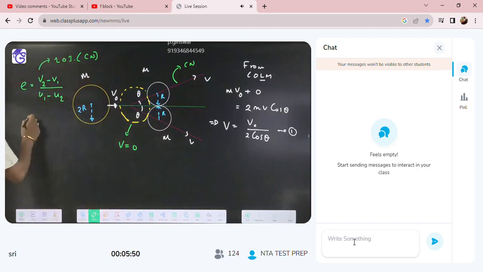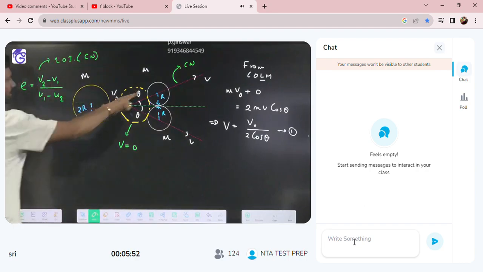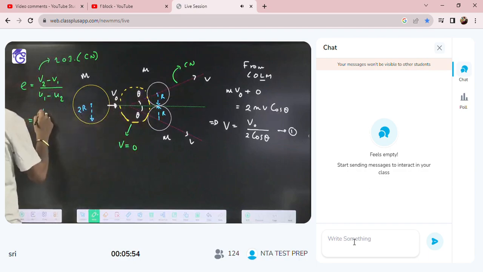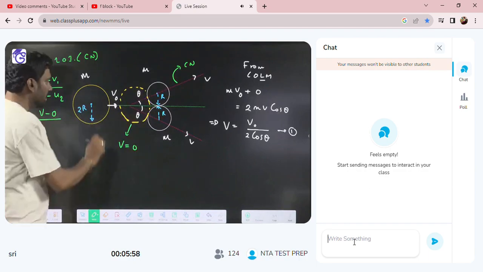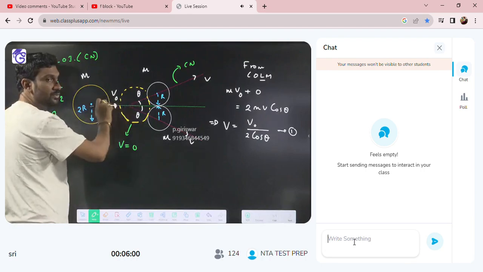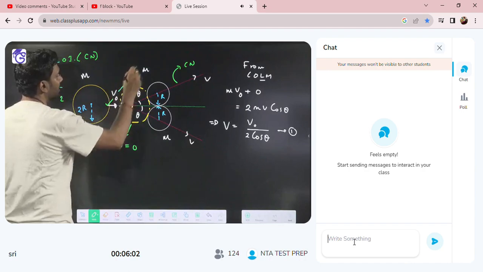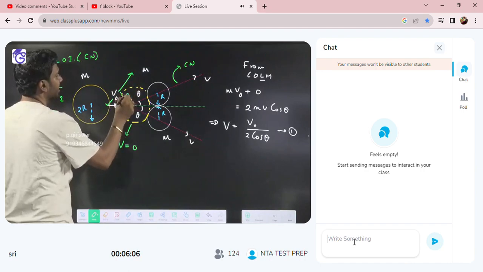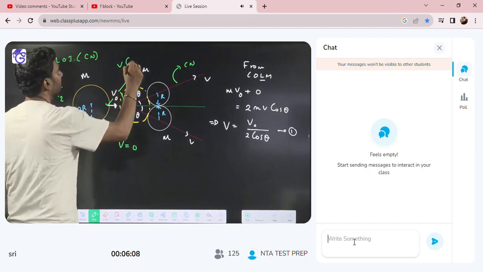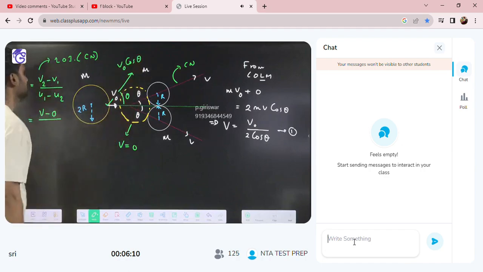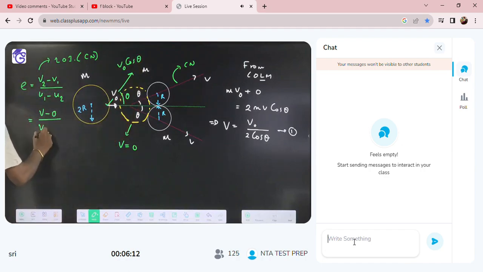So now if I apply V2, this is V. V1 comes to rest, divided by U1. In the horizontal direction U1 is V0, but you have to take it in this direction only, along the common normal. So this is theta again. So this will become V0 cos theta. So we write V0 cos theta minus 0.